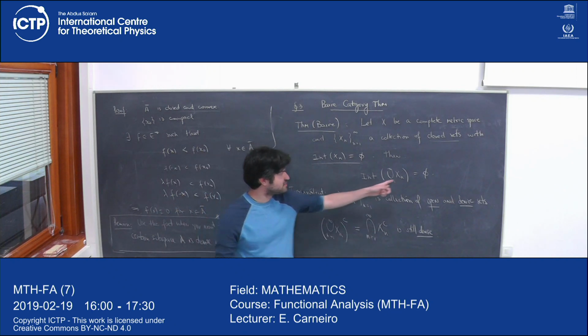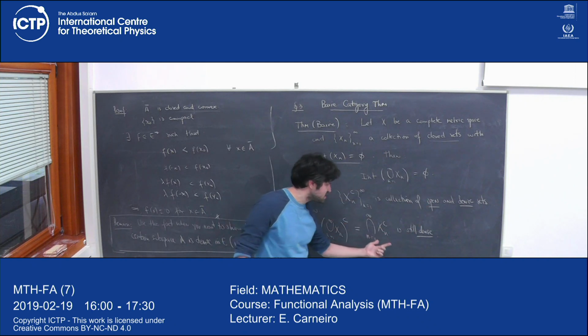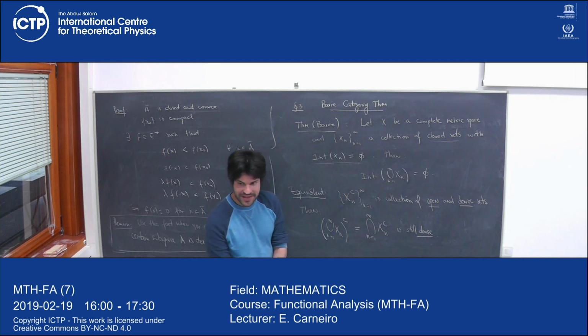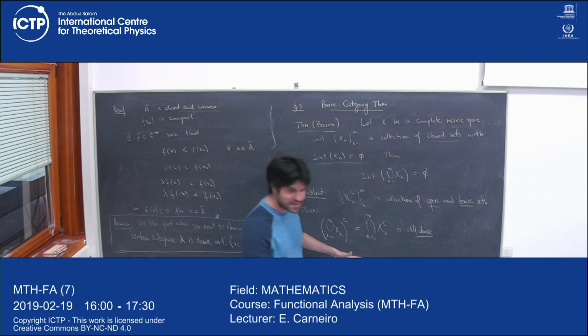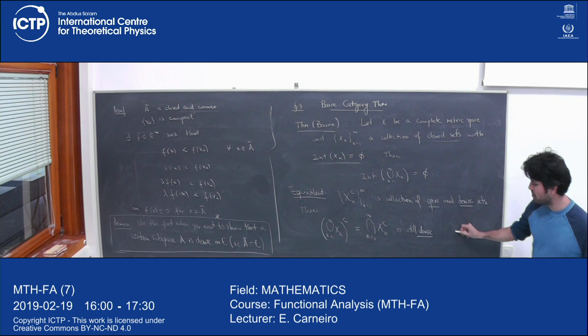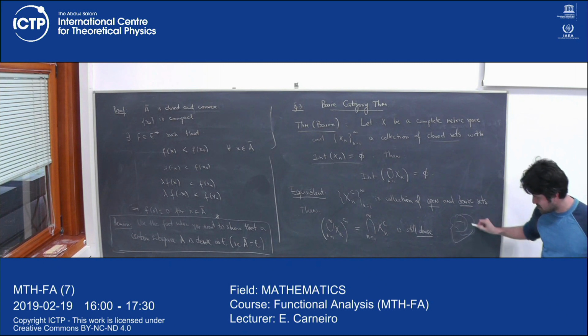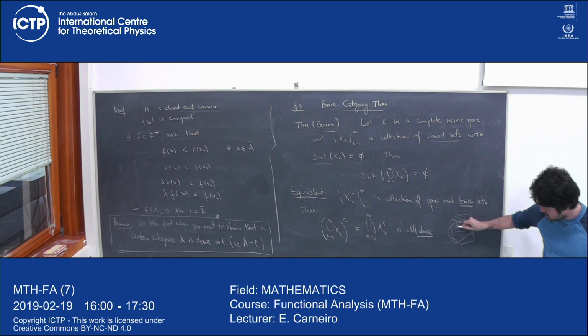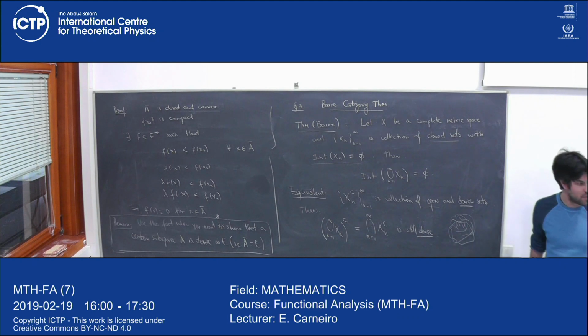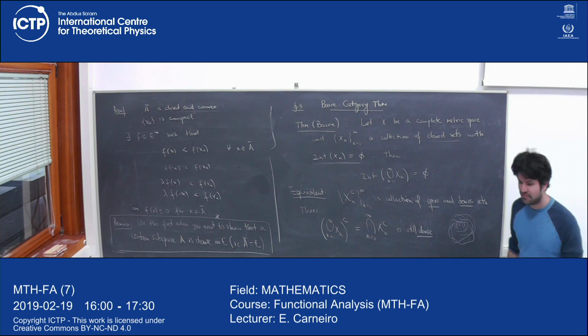So if this guy is going to have empty interior, that is because this guy is going to be dense. Now I'm giving you a lot of open sets which are very fat that populate my whole space, and you're going to take the intersection of all of them, it's still going to be big in some sense, still going to be dense.